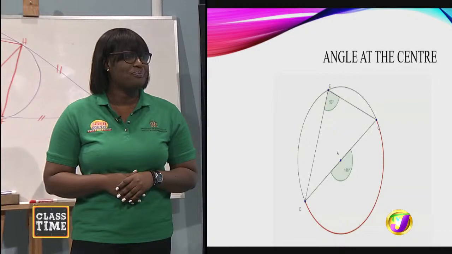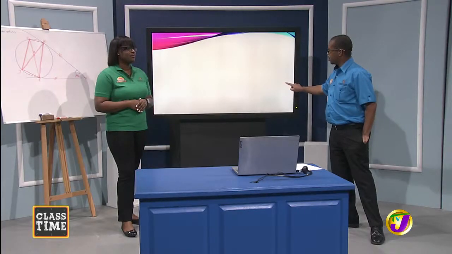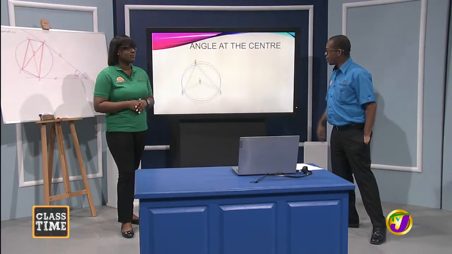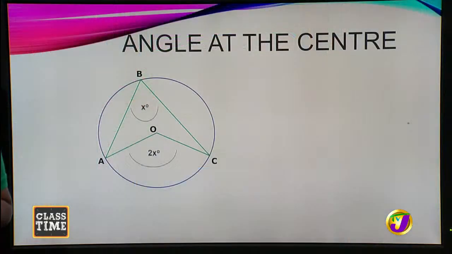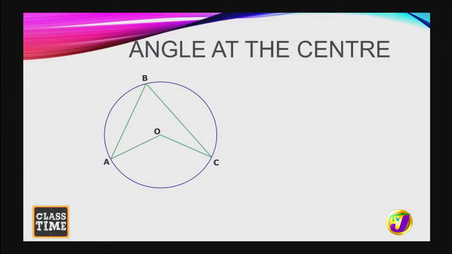All right. Okay. So let's see if we can formalize that for our students. So we realize that the angle that's formed at the center is always twice the value of the angle that is at the circumference.